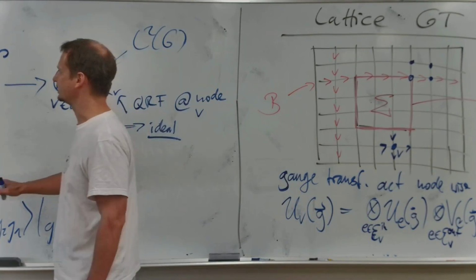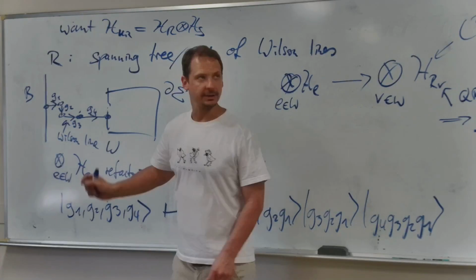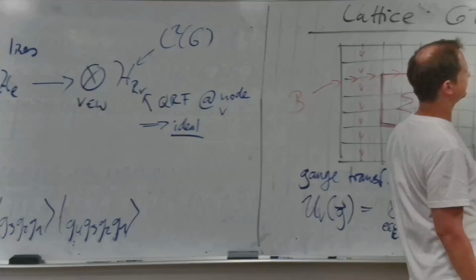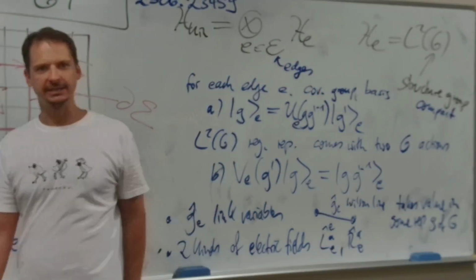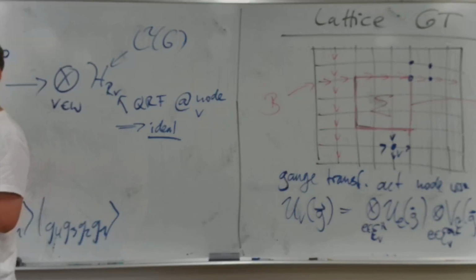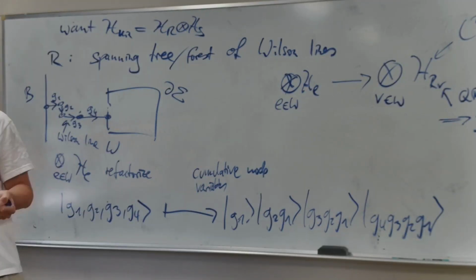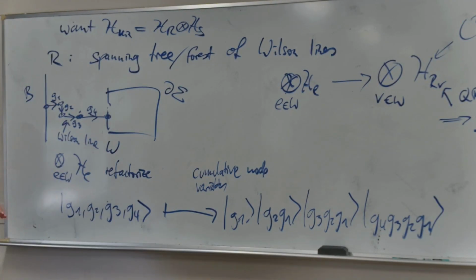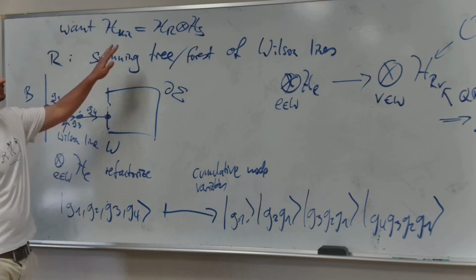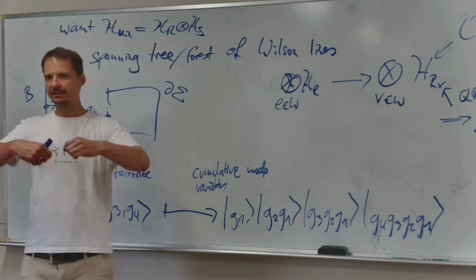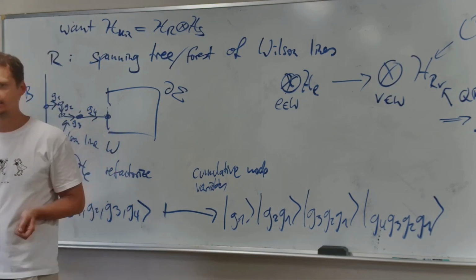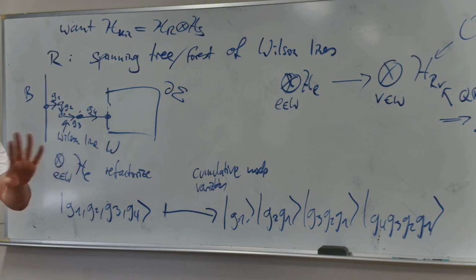So you're really taking this tensor product over all the edges in the Hilbert space, and you're going to refactorize your kinematic Hilbert space in a unitary way, such that you have a part that only corresponds to the Wilson line tree, really, in the bulk. That's the reference frame, and then the complement, that's the system.